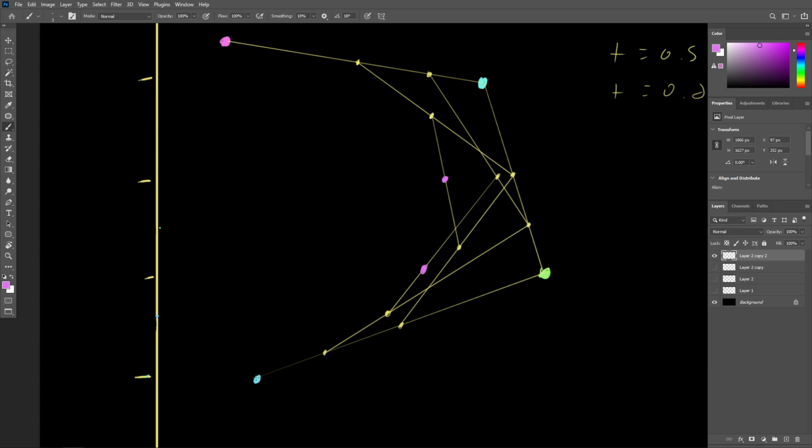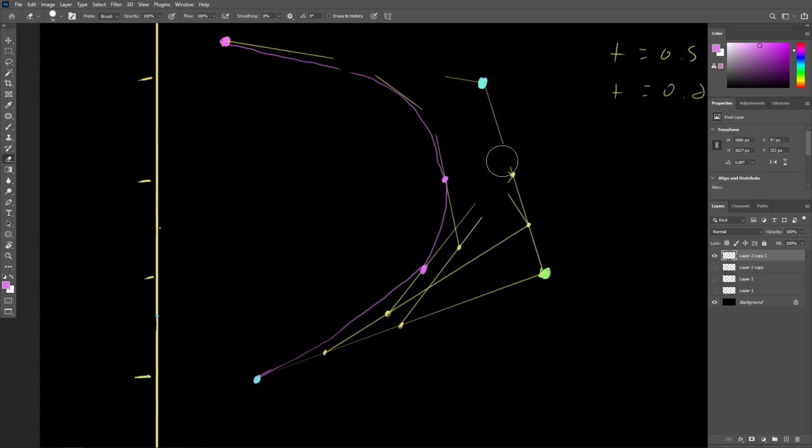All right, so if we were to draw this out, you could see that the resulting curve would look something like that. And of course, we would get rid of all this intermediate information to actually see the resulting curve, right?